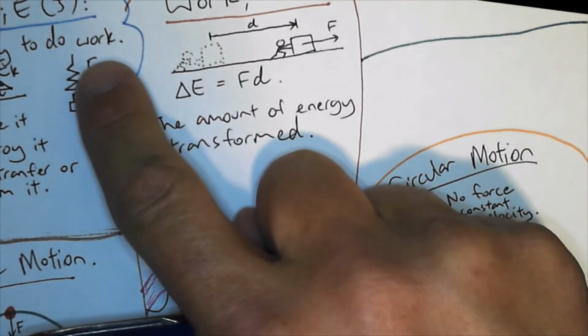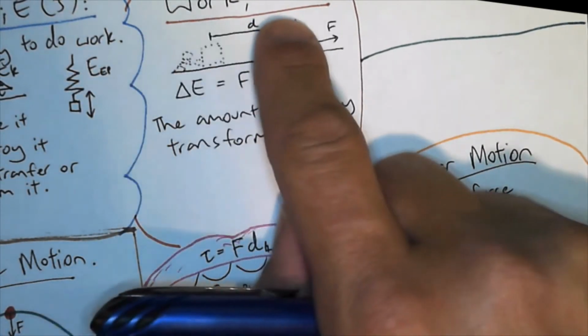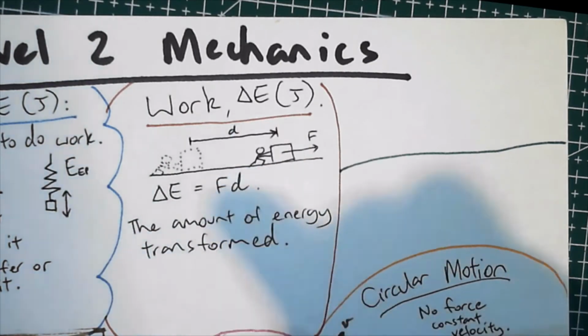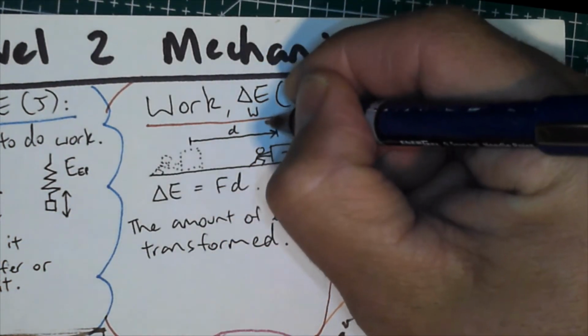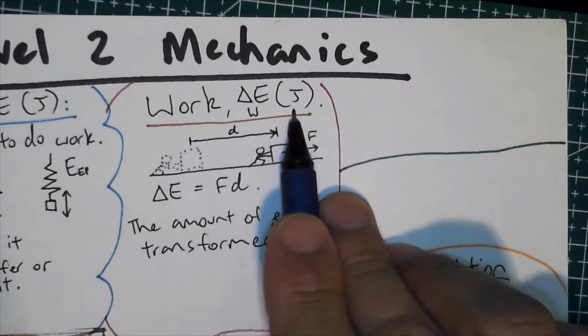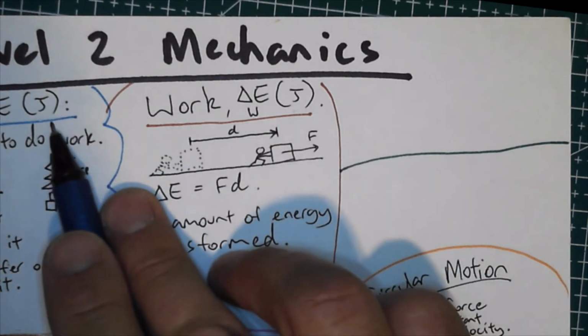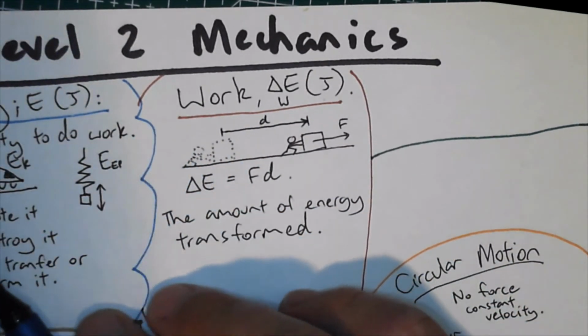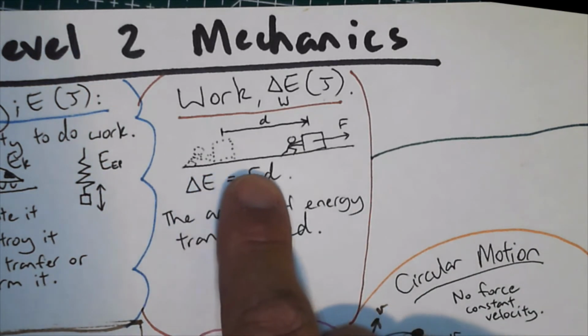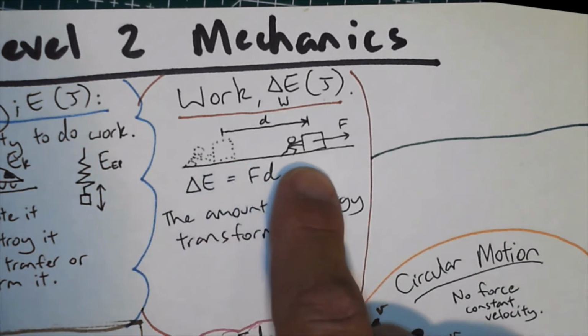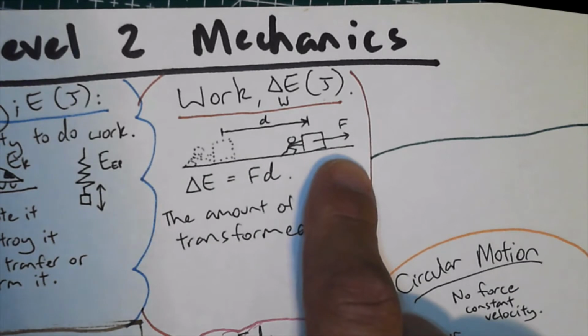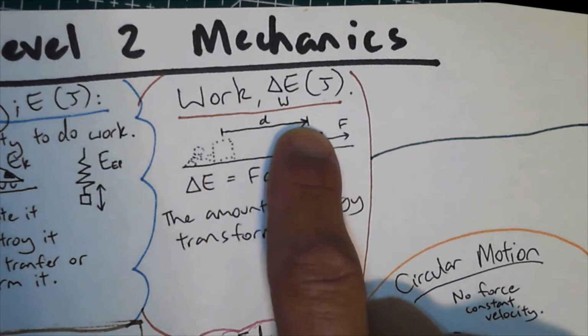So, work. Work is shown as delta E, also W. It has the units of joules as well, just like energy. Technically what work is, if you apply a force to an object, like if you're pushing a box across the floor, if you apply a force to an object over a certain distance, you are doing work.